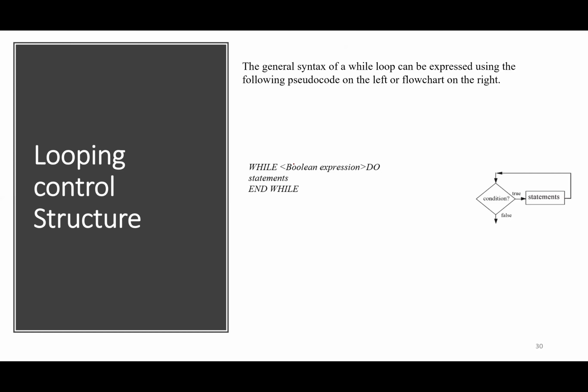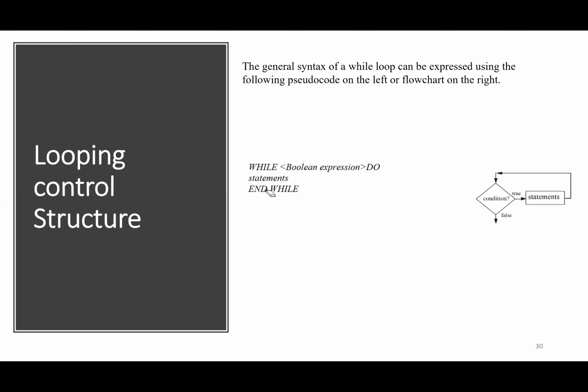We say while, then we put a Boolean expression. Those things do not appear in the pseudocode. Then the statement includes the instruction to be executed as well as the increment or decrement. Then we say end while.